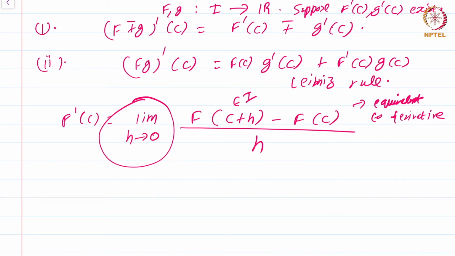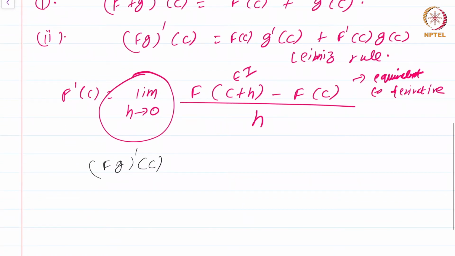Okay, so now that we have rewritten like this, let's write what fg should be. So (fg) prime at c has got to be the limit of some quotients. So let me just write those quotients.